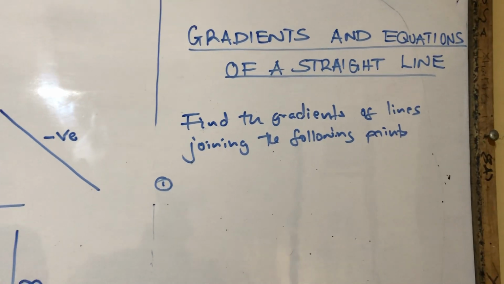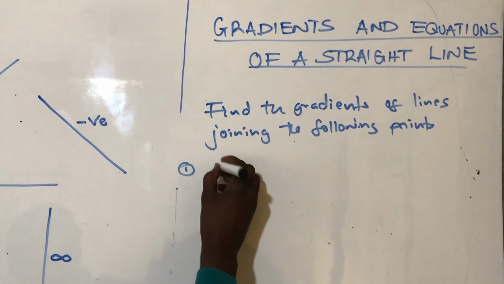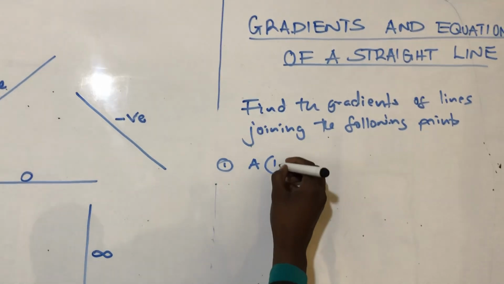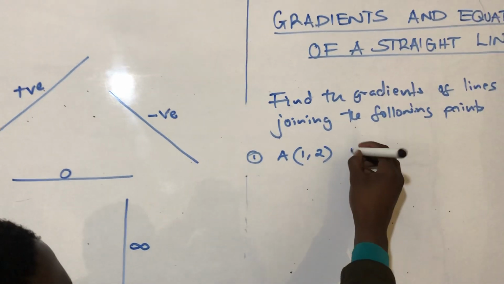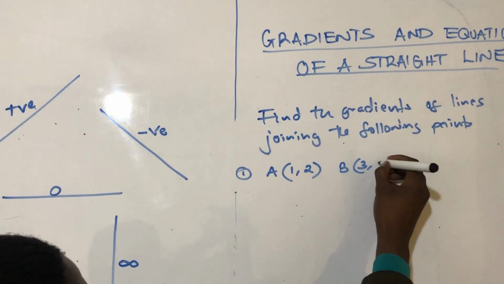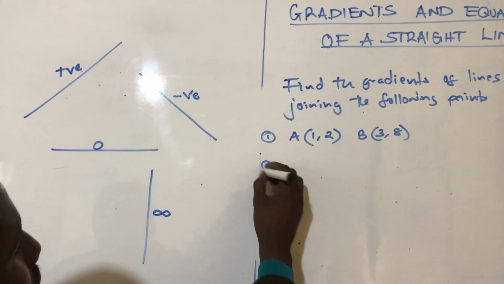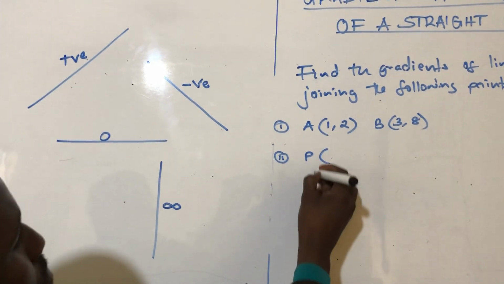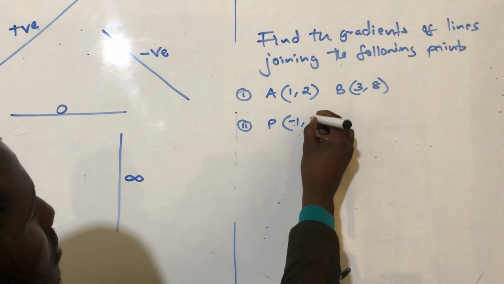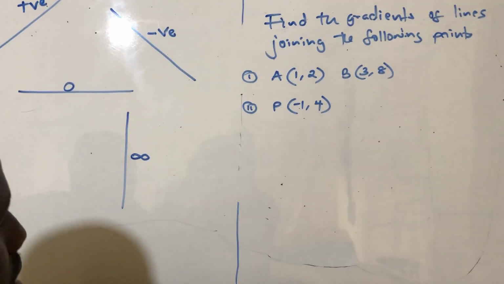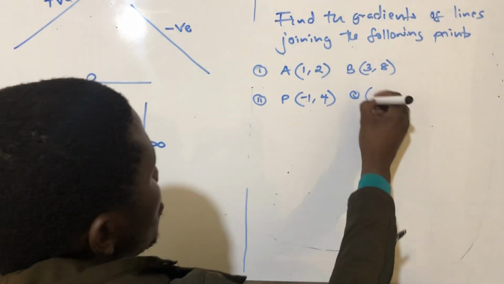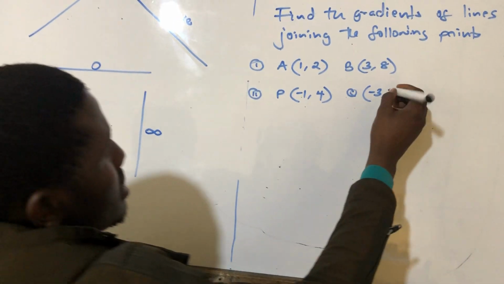Let's start with this one. A line joining a point A, which is (1, 2), and a point B, which is (3, 8). Let's consider another line joining the point P, (-1, 4), and Q, (-3, 7).